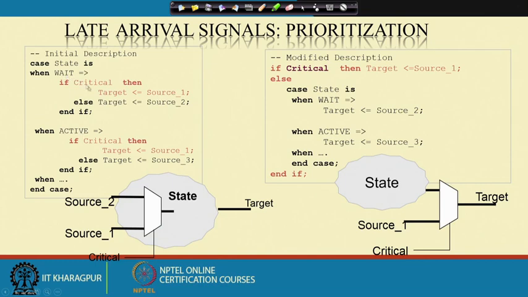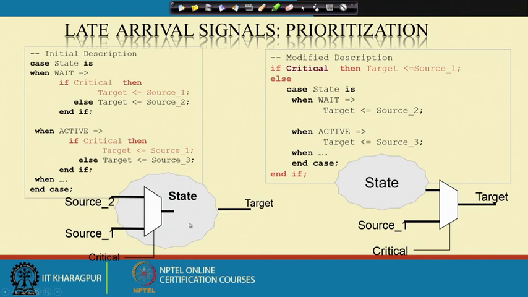In wet state, if the condition is critical, source 1 will be selected to the target, otherwise source 2 will be selected at the target. When in active state, if critical, the target will be set to source 1, otherwise target will be set to source 3.